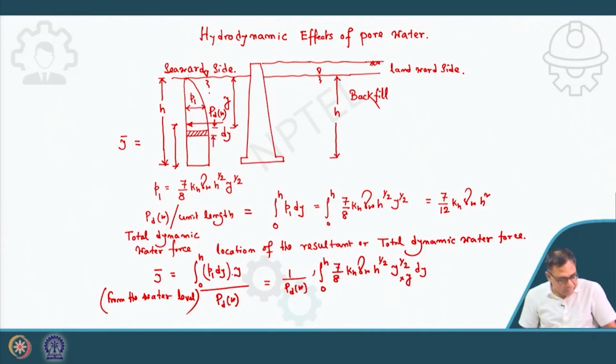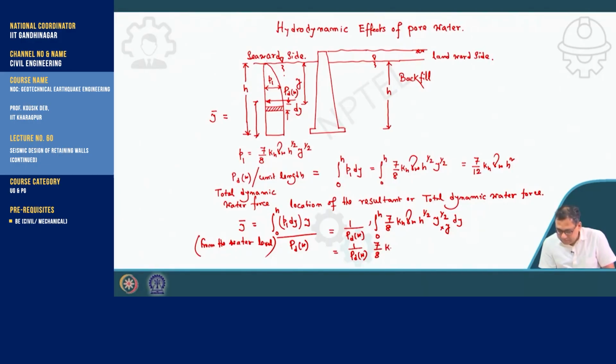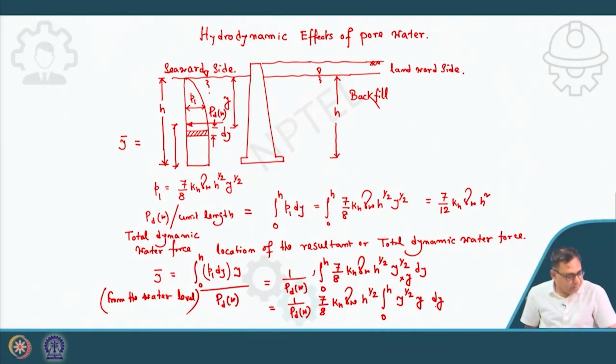So, the final thing will be, if I take this 7 by 8, 1 by P d w, and take 7 by 8 out, and kh gamma w h to the power half outside, 0 to h, then this will be y to the power half into y dy. Okay, into y dy.